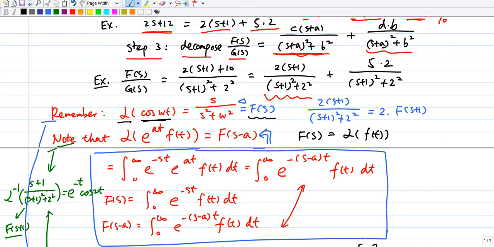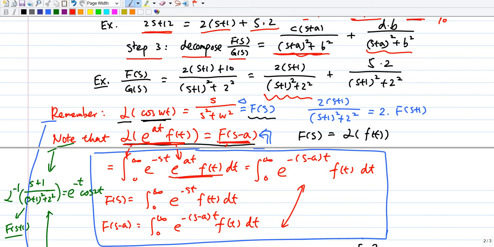The reason this second one is true is as follows. According to the definition of the Laplace transform, the Laplace transform of e to the at times f(t) is the integral from 0 to infinity of e to the minus st times e^(at) times f(t).